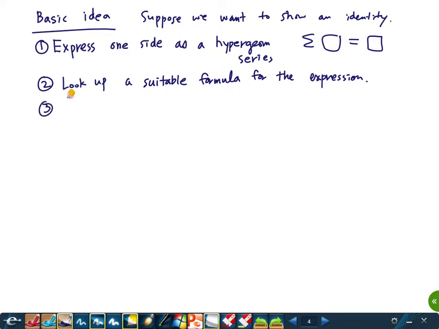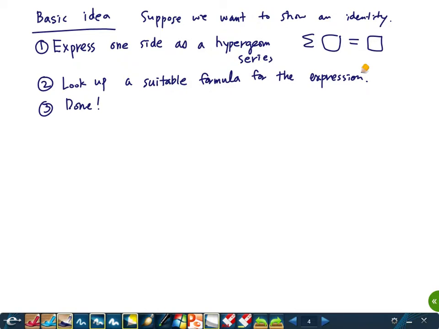And that's it. You change this into hypergeometric notation, and then you look up some suitable formula, and if you find one, then that immediately gives you that this is equal to something, and that's basically the proof. Very simple.